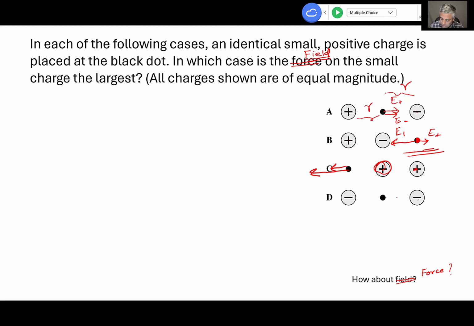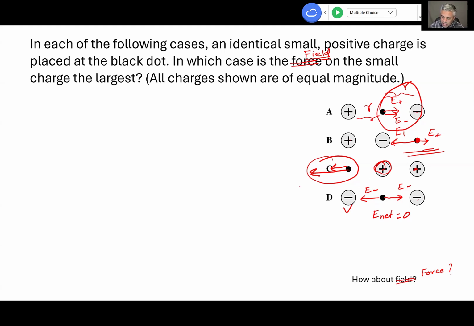This is going to pull towards this, and this also is going to pull towards it. So in this case, the net is 0 here. And over here, both of these are in the same direction, and over here, both of these are in the same direction.